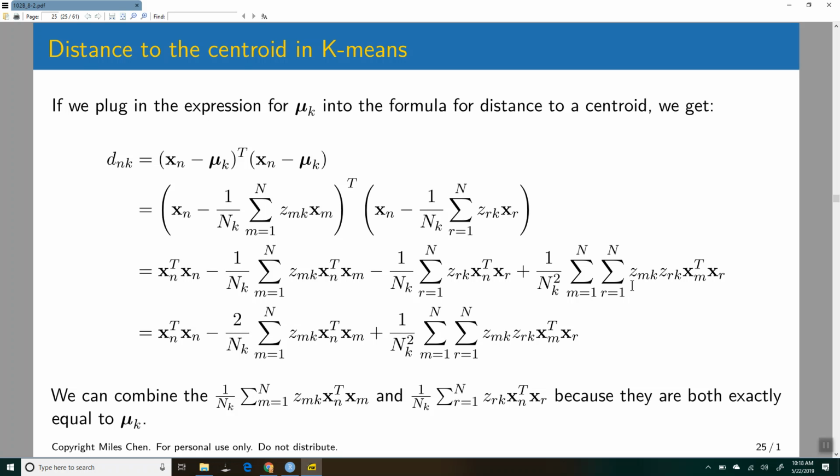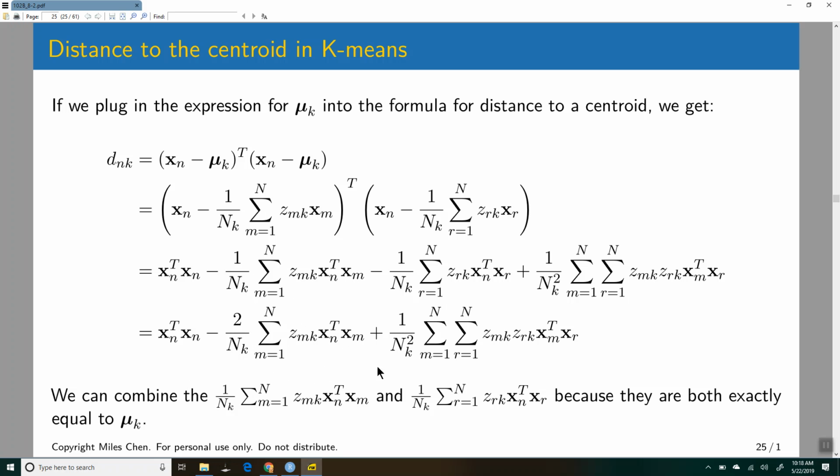We can combine them. These two we have to keep separate because it's going to look at every combination of m and r, every separate point. So if you've got 10 points, it's going to match points 1 through 10 with points 1 through 10, and you'll have 100 possible combinations of m and r here. But over here they're the same quantity and can be combined.